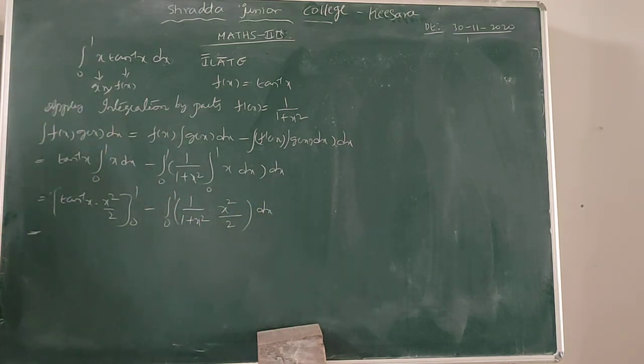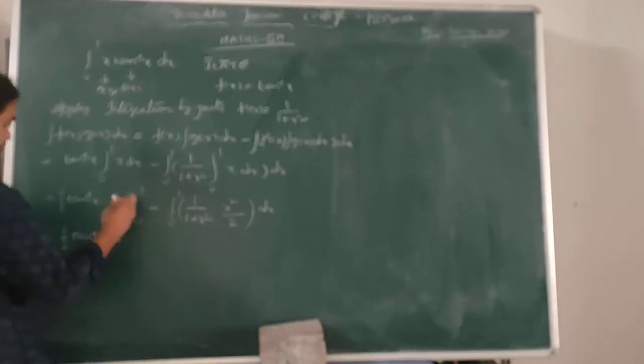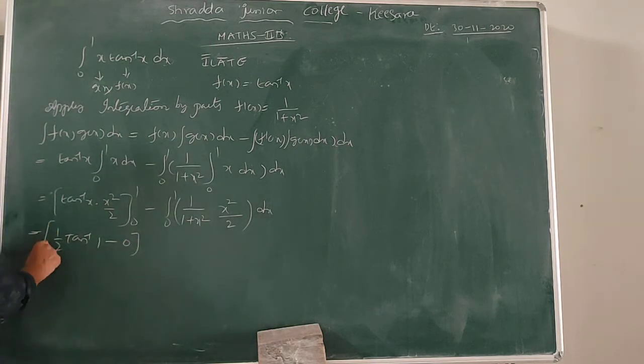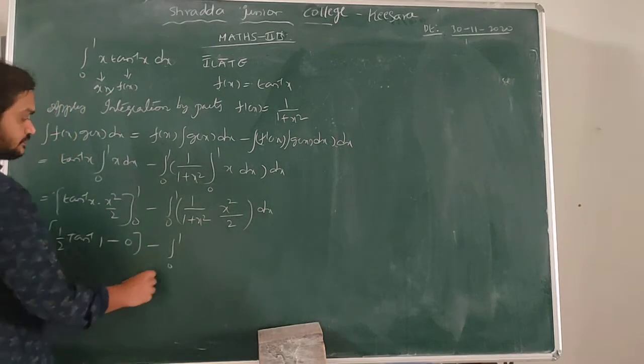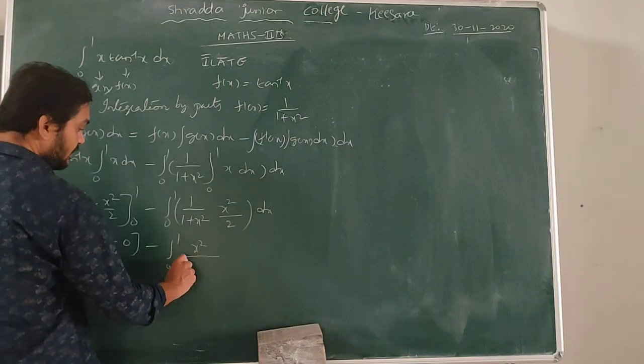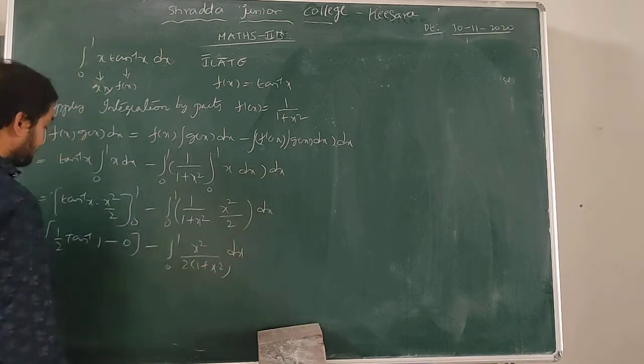Now see here, first we have to substitute the upper limit in place of x. What we are getting is 1 by 2 tan inverse 1, minus, then in place of x substitute the lower limit, that is 0. 0 into something is 0. Now minus integration 0 to 1 x square by 2 into 1 plus x square dx.